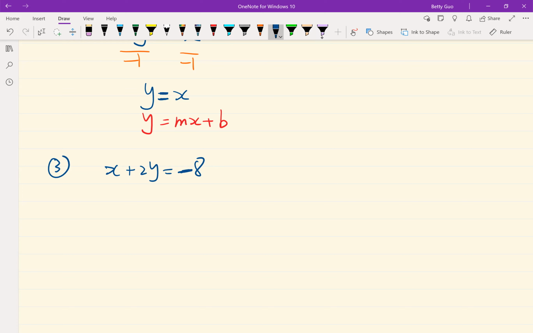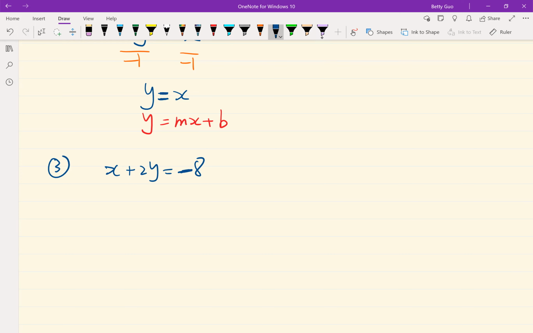You have an answer? So your goal is to isolate the y on the left, right? So do you want to get rid of this term? You can bring it over. Yeah, minus x. You bring x over. So it's 2y equals negative x minus 8.